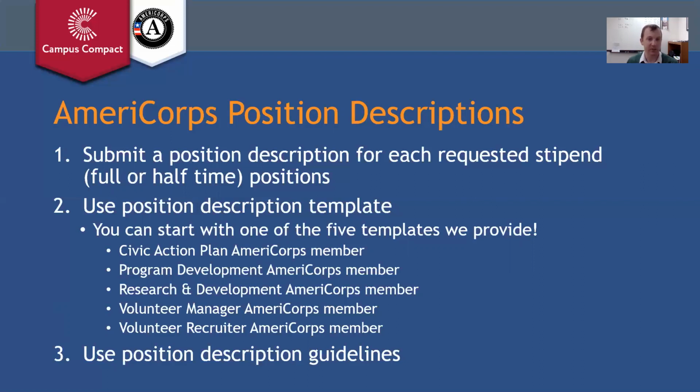We're happy to look through it and provide advice on how you can improve it. AmeriCorps also has a lot of language requirements around what's allowed and not allowed in position descriptions, and we serve as that filter to make sure things line up with what the grant is requiring.